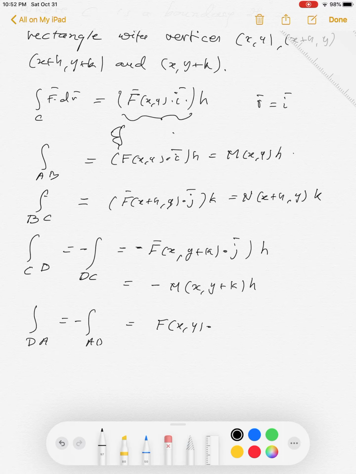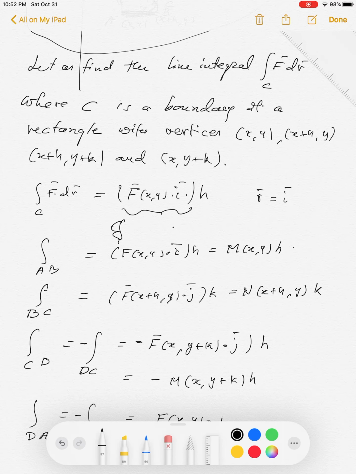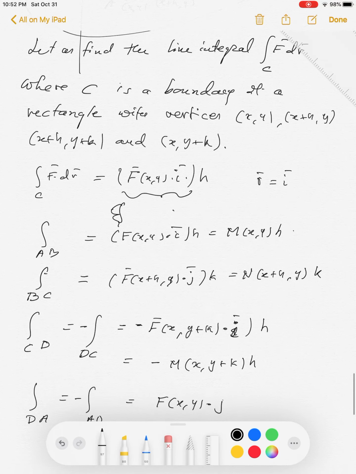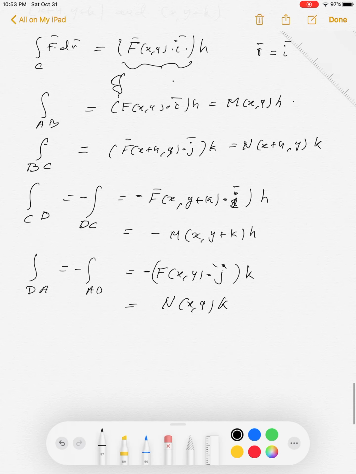And the integral on DA is minus the integral on AD, which is f at (x, y) dot the j direction, with a minus sign, times the length k, so this is minus N(x, y) k.